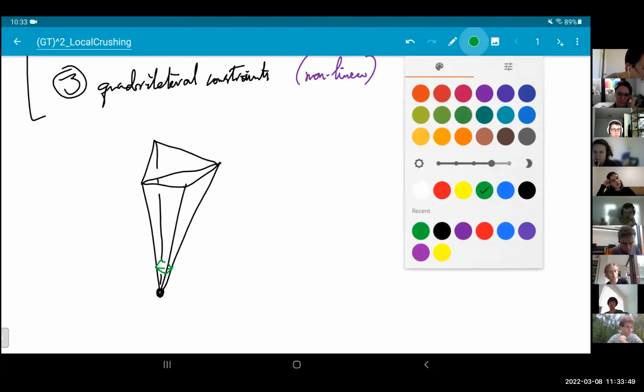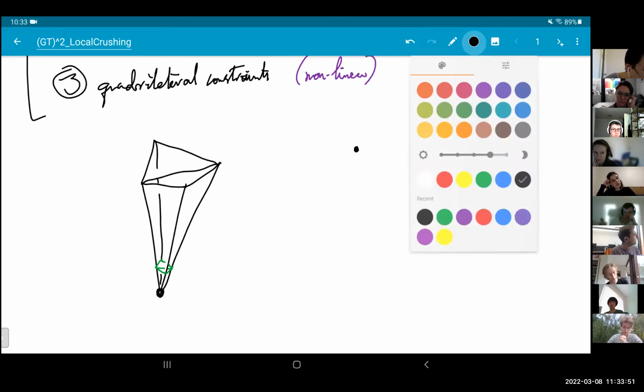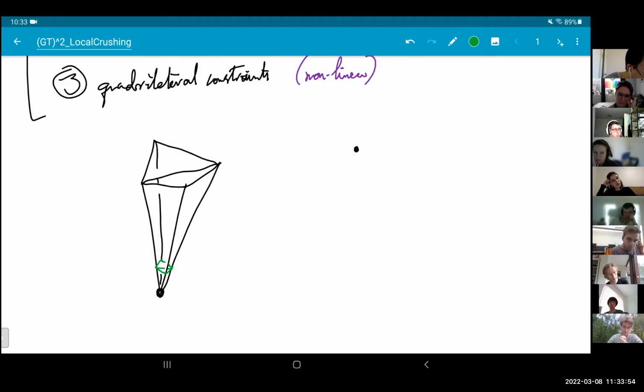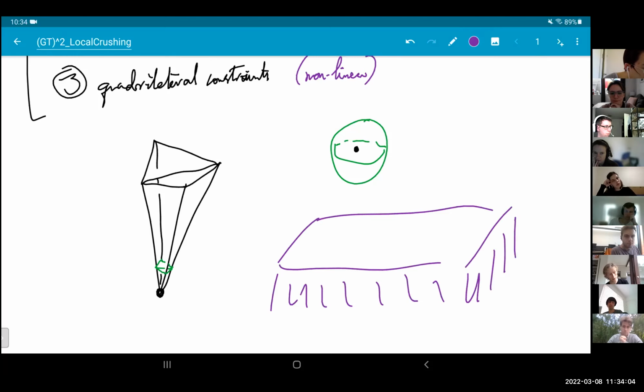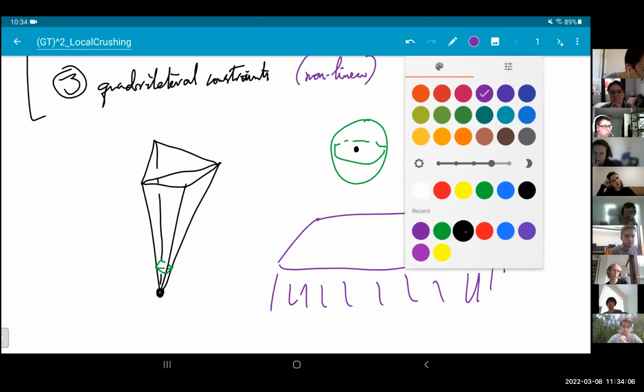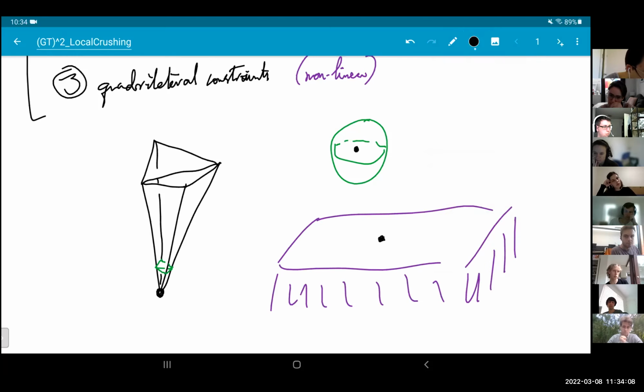If you have a vertex in the interior, this is going to give you a small sphere. If you have a vertex on the boundary, so this is the boundary and all the other purple stuff is the interior of the manifold, here's your vertex on the boundary. You'll get a little disc, like a bowl that surrounds it.